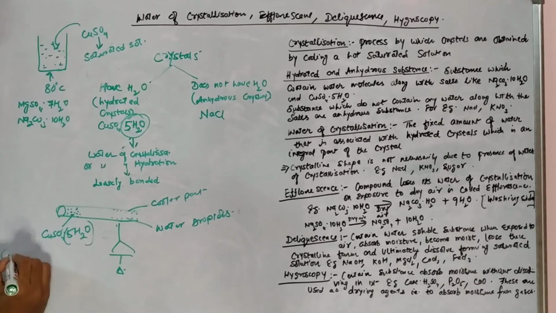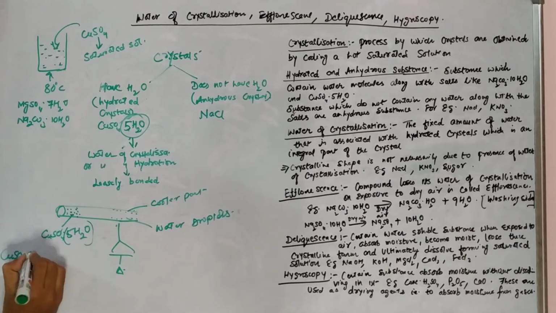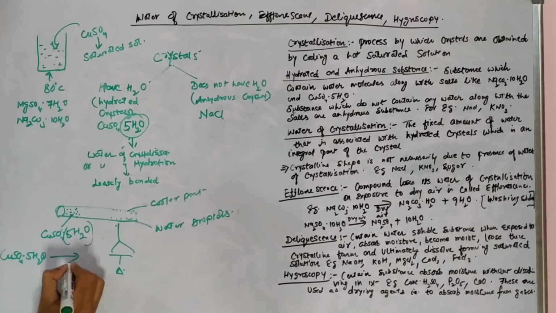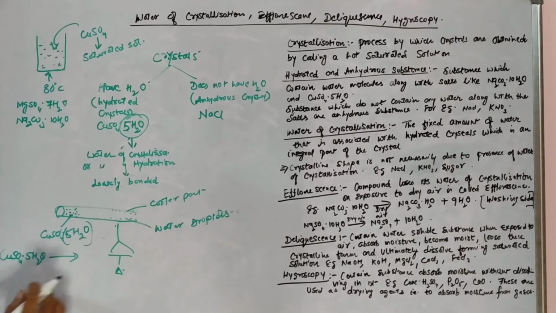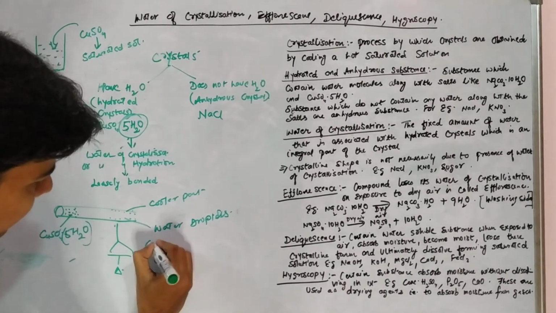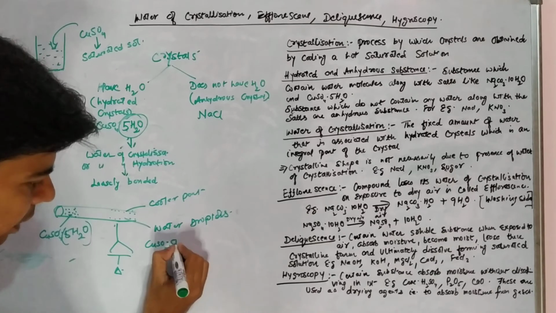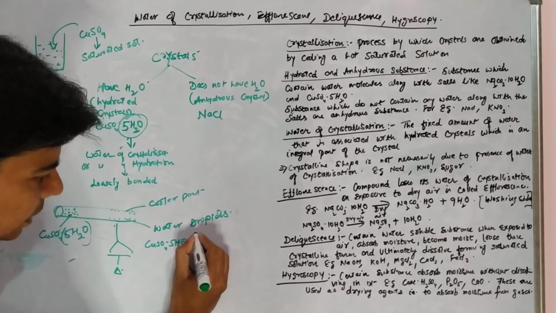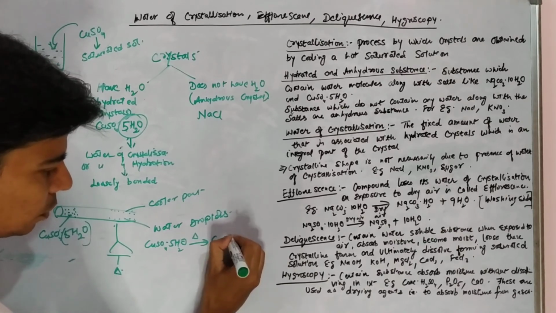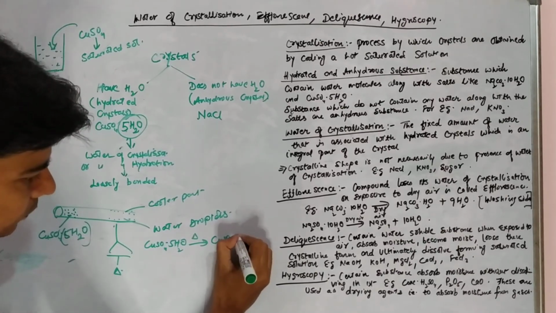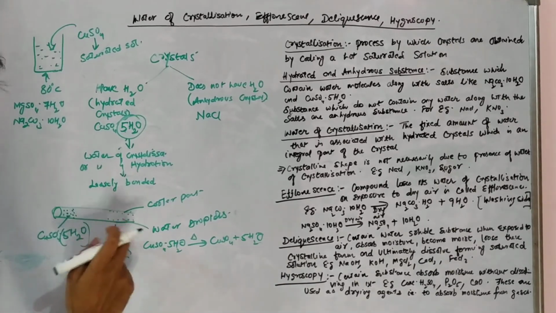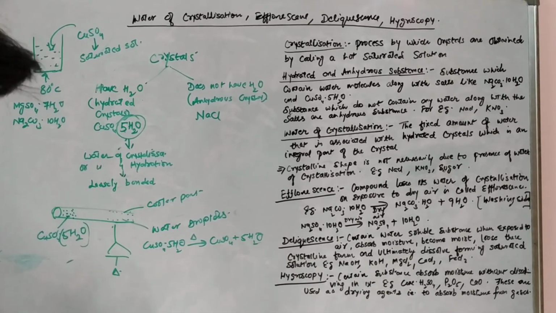So copper sulfate dot 5H2O, I'll write it over here. When heated, it will change into copper sulfate plus 5H2O, and these are the water droplets that you see at the cooler parts of the test tube.